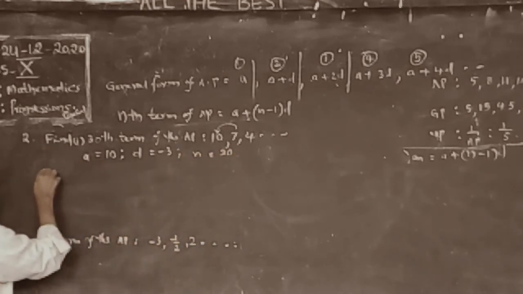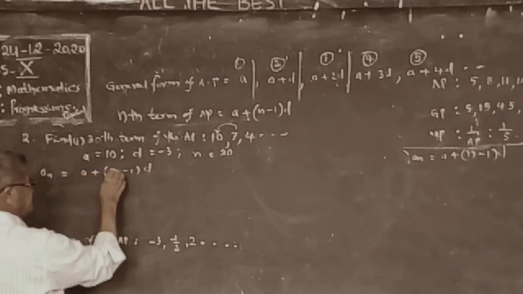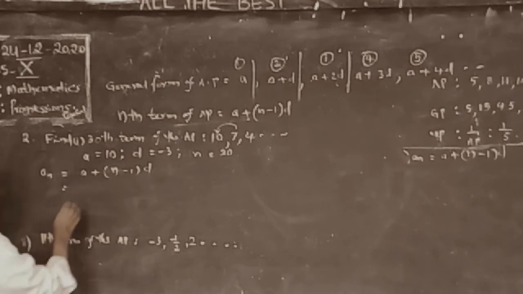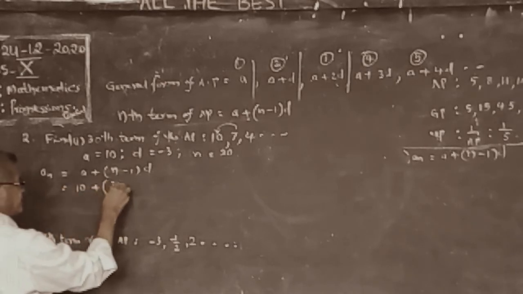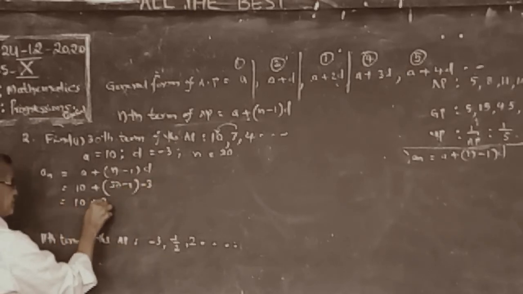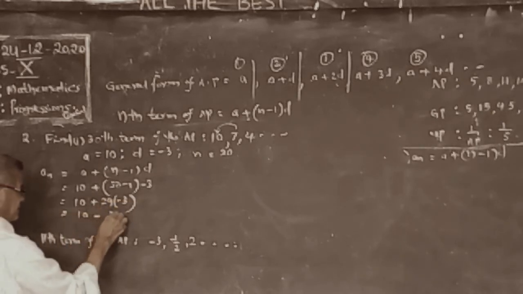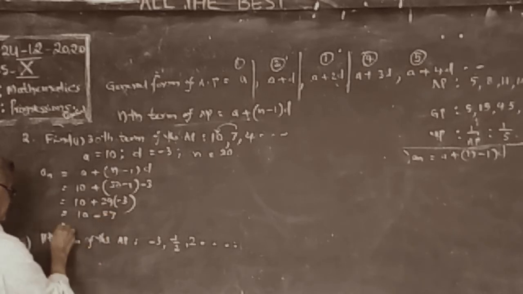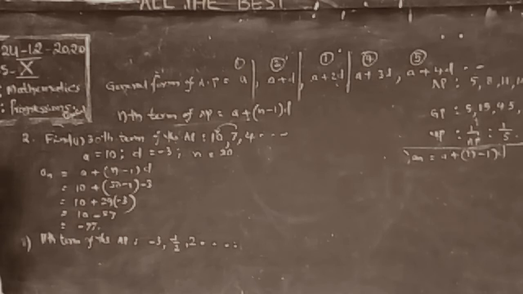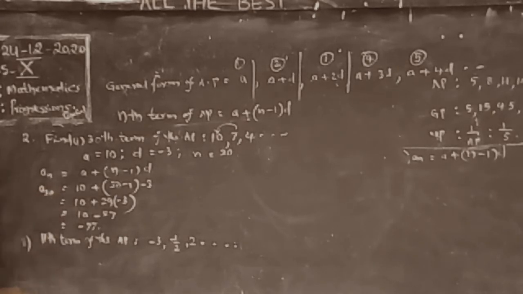Substitute in the formula: An is equal to A plus (n minus 1) D. A value is 10, n value is 30 minus 1, D value is -3. 10 plus 29 into -3, 10 minus 87, this is -77. So this is the nth term formula and this is A30, the 30th term.